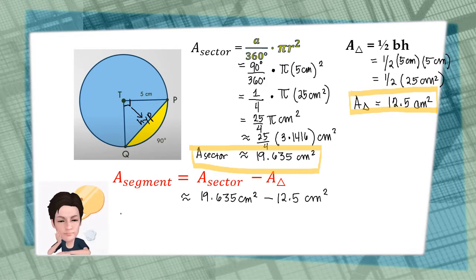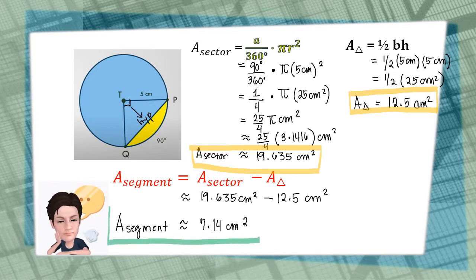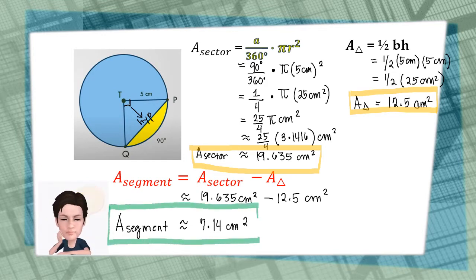Therefore, the area of the segment is approximately equal to 7.14 centimeters squared. We are going to follow our basic rule wherein our final answer must be rounded off to the nearest hundredths. So now, our final answer is 7.14 square centimeters.